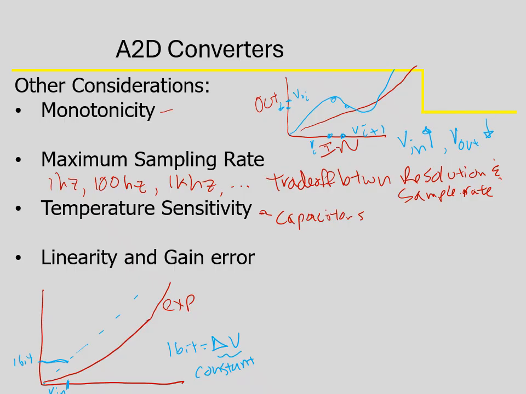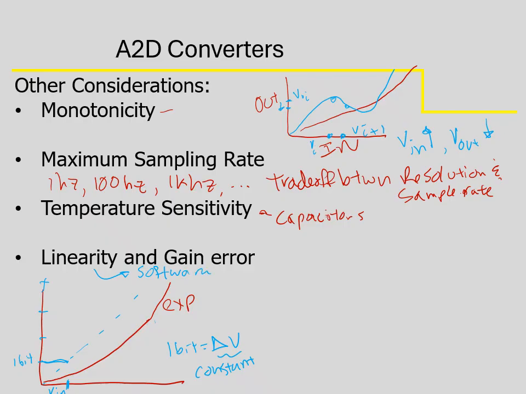Well, if it's nonlinear, that's not true. Each successive bit could have a greater change in delta V.